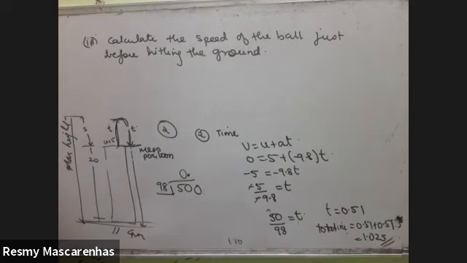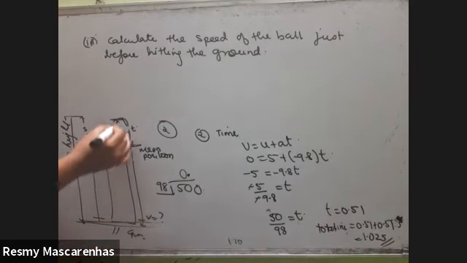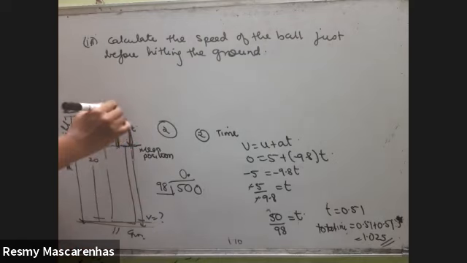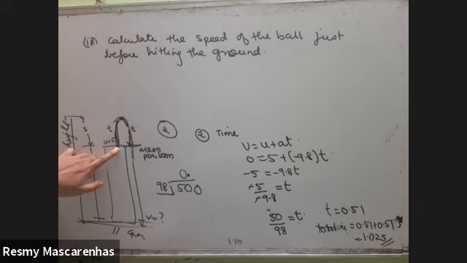Just before hitting the ground means somewhere here. So V is how much? From here to here we have to calculate. We are not bothered about this V now. This is your U and this is your V now. Rest all data will remain the same.